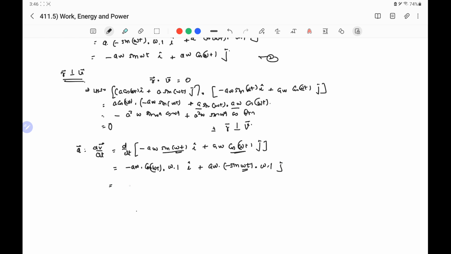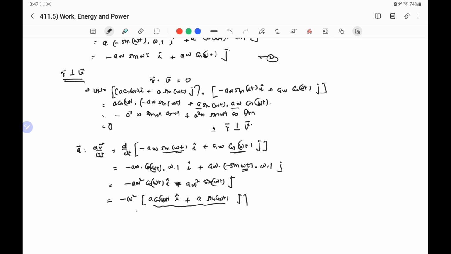So it will be equal to minus a omega square cos omega t i plus, again, minus a omega square sin omega t j. We can take minus omega square common, the remaining is a cos omega t i plus a sin omega t j.